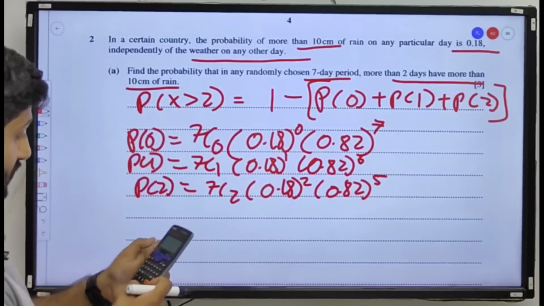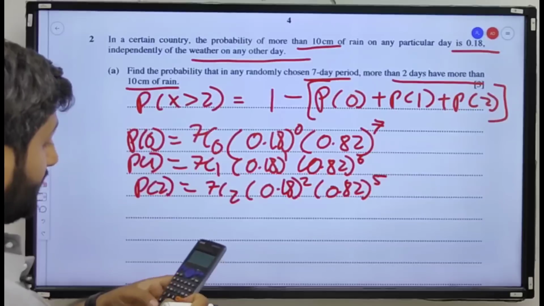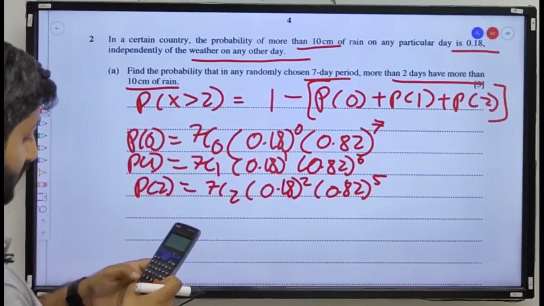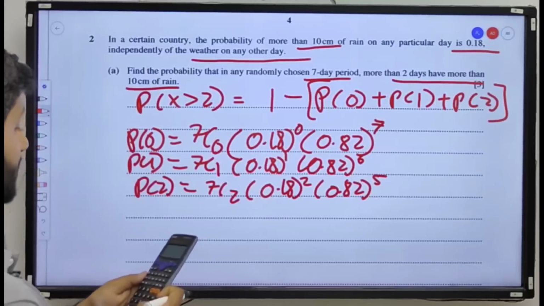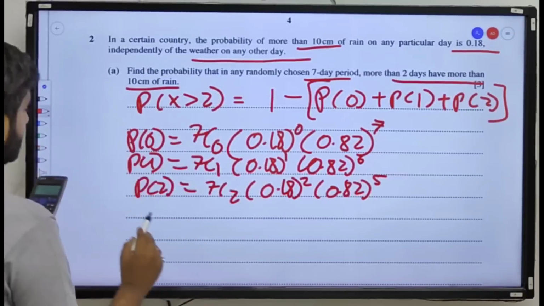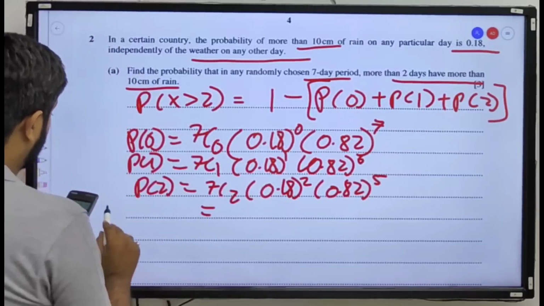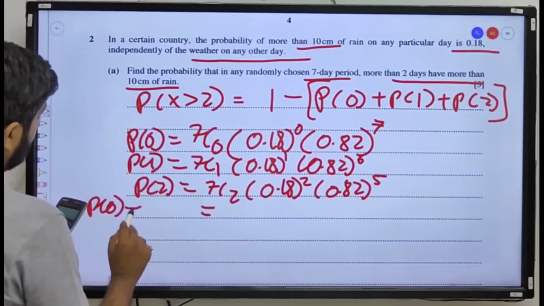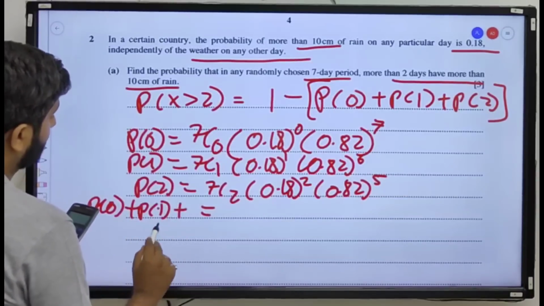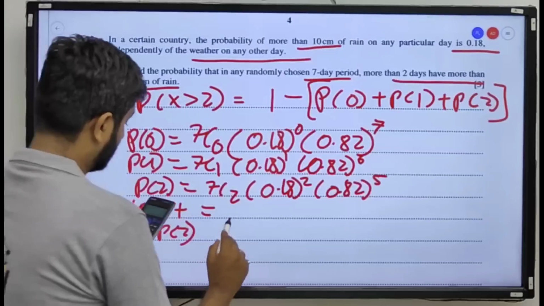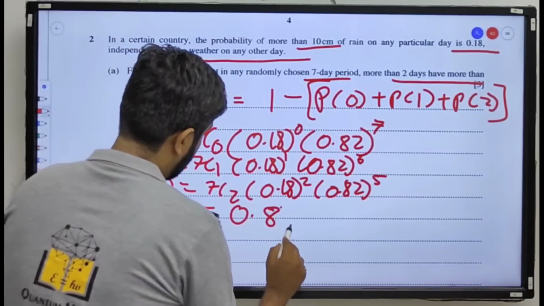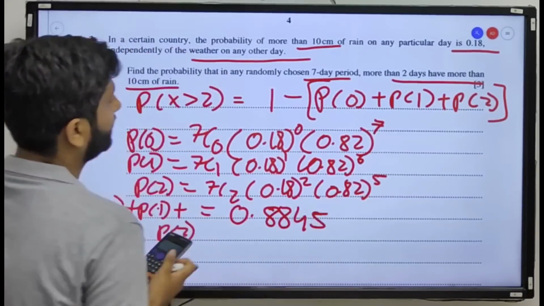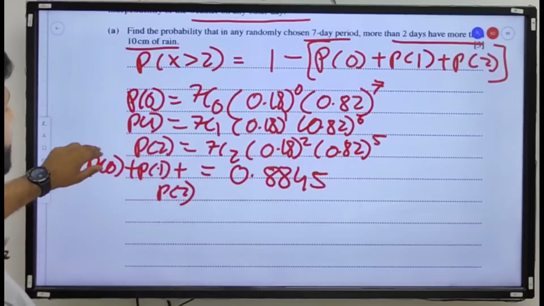into 0.18 square into 0.82 power 5, and the total of all this, which is probability of 0 plus probability of 1 plus probability of 2, is 0.8845, right? And I am supposed to find greater than 2.